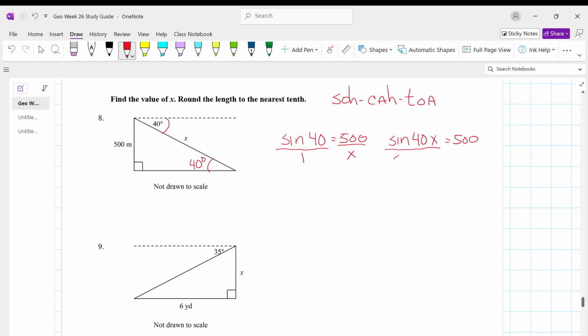And divide by sine 40. These cancel. X is equal to 500 divided by sine 40. And to the nearest tenth, that's going to be second fix 1, 777.9.